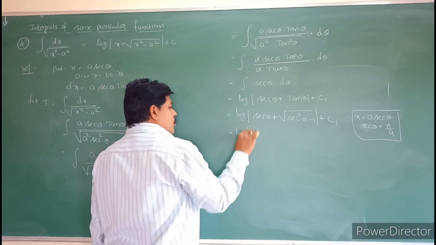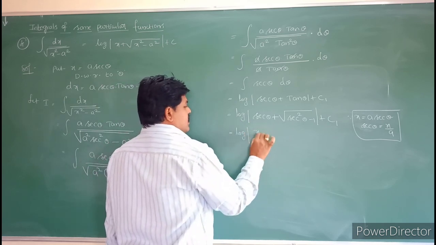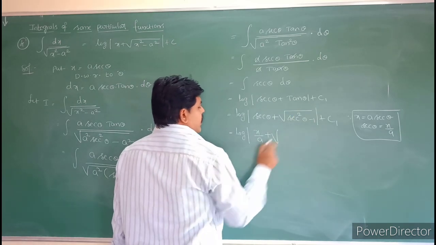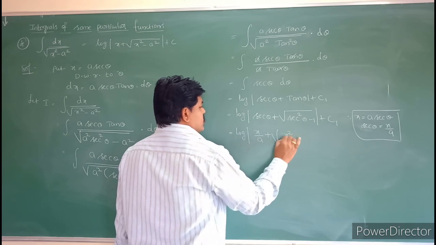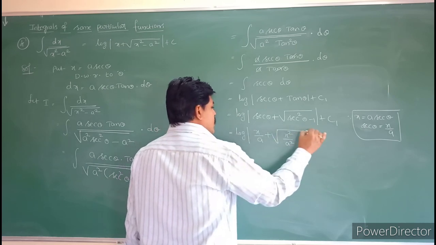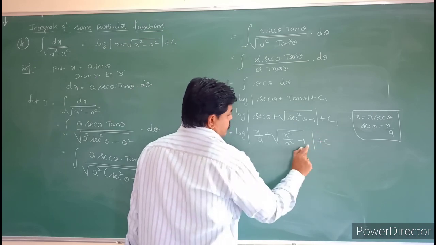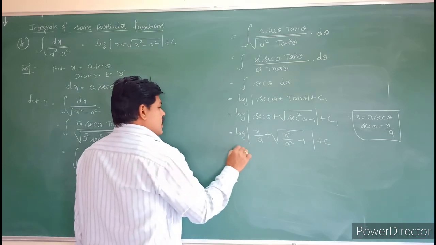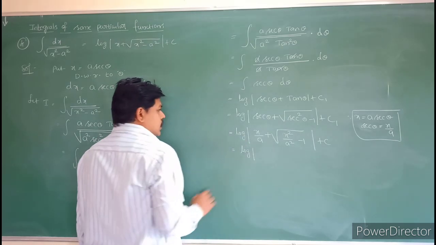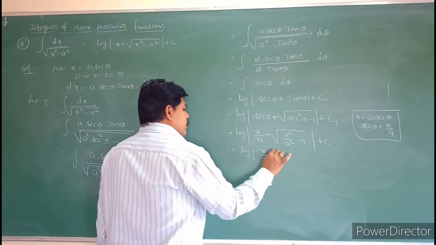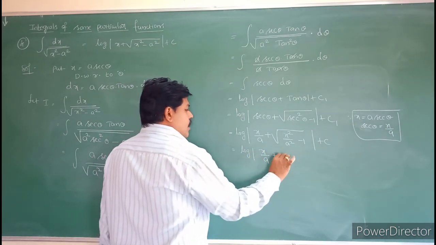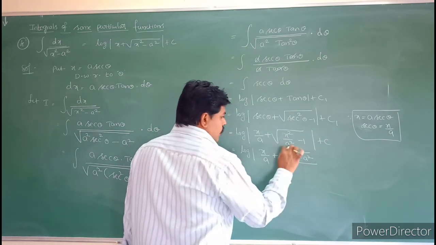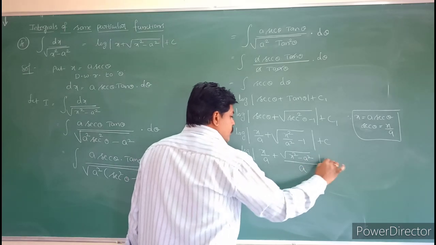Log of mod secant theta is x by a plus root of secant square theta minus 1, which is x square by a square minus 1, plus c. Why? Because secant theta is nothing but x by a. So log of mod x by a plus, take the LCM a square, root of x square minus a square by root a square, which is a, plus c.